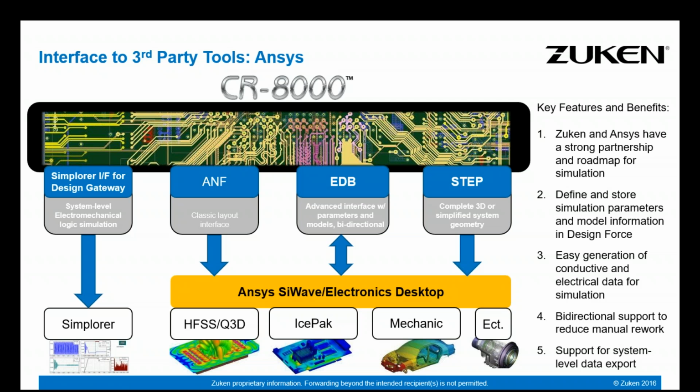The key features and benefits, as listed here: number one, Zuken and ANSYS have a strong partnership and roadmap for simulation. Zuken also defines and stores simulation parameters and model information in Design Force, the product that we do this design in.